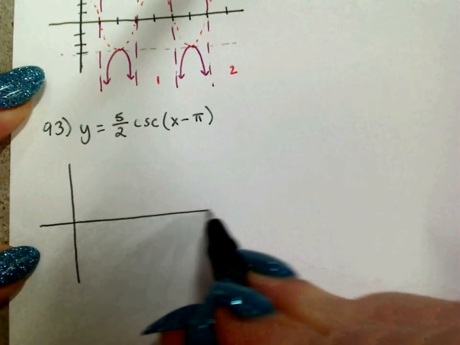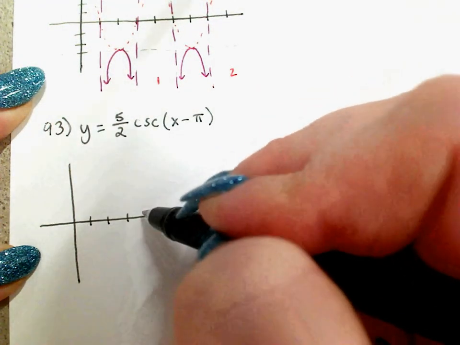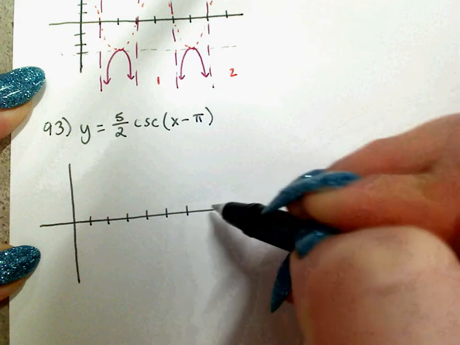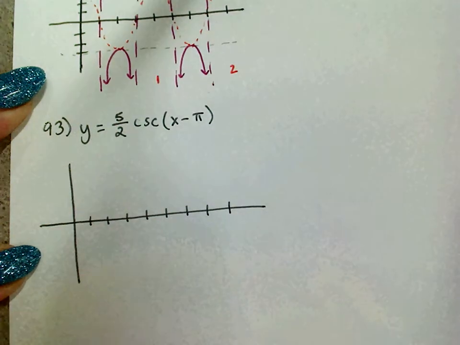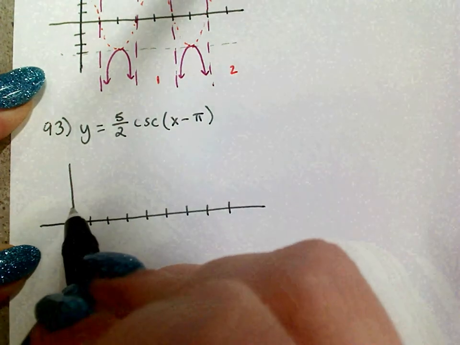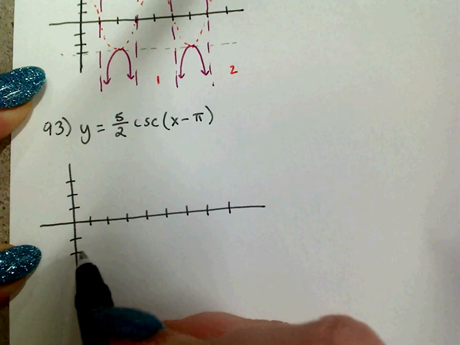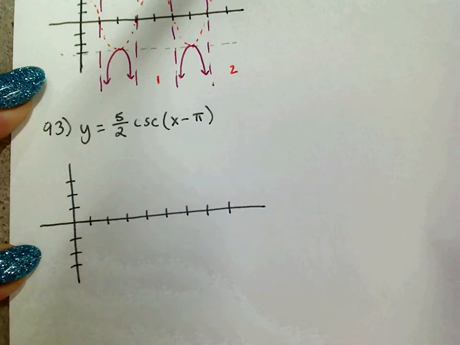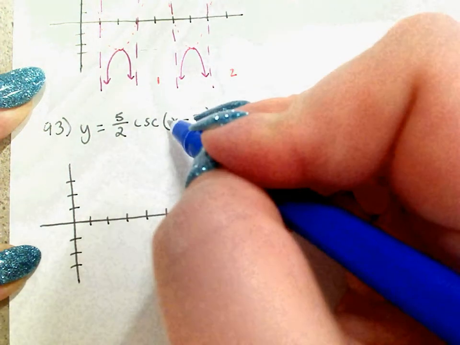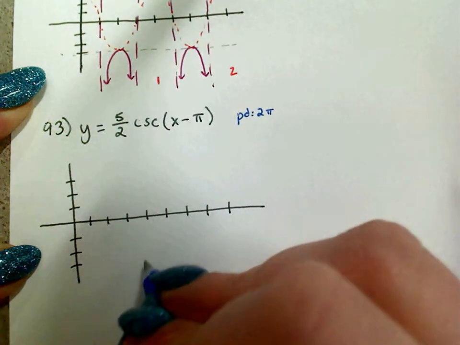So 1, 2, 3, 4, 5, 6, 7, 8. Graph 2 full periods. The period is going to be 2 pi divided by b, which b is 1, so the period is just 2 pi. So that means this is 2 pi and this is 4 pi.